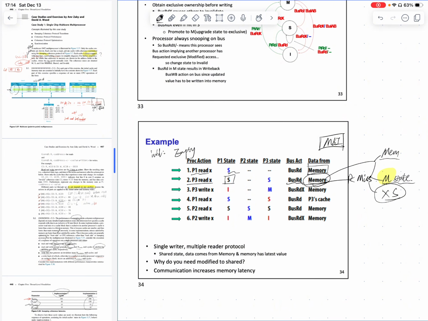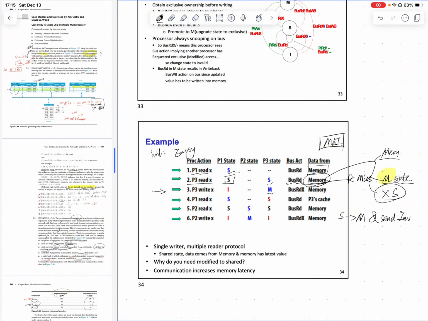So why or how will we get the data from the modified state? Maybe we can see it from the third instruction. P3 wants to write, and it has X? Yes, it has. So it will change from shared into modified, and also send invalidate.